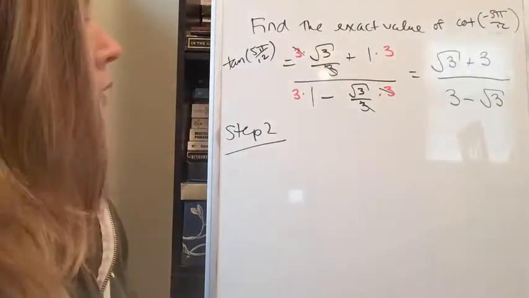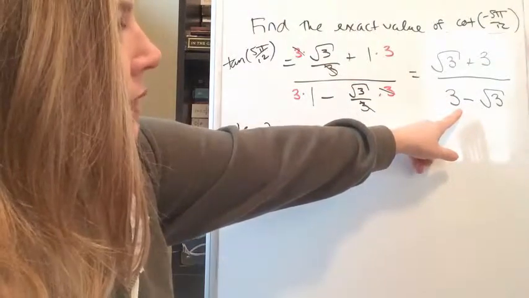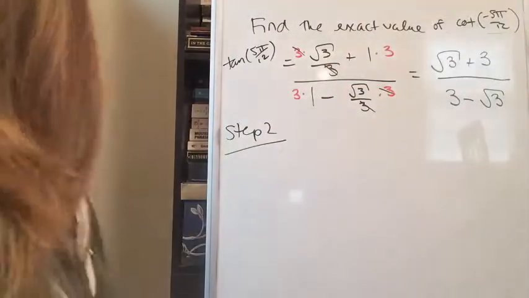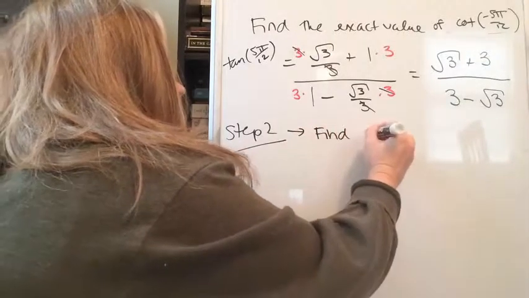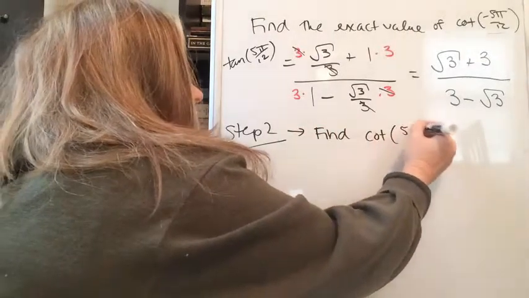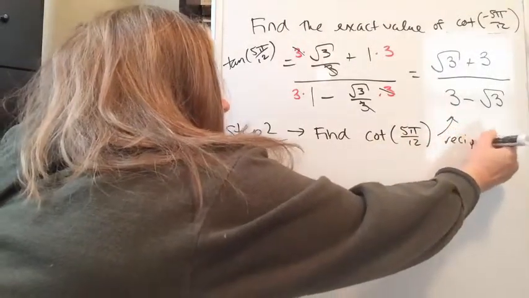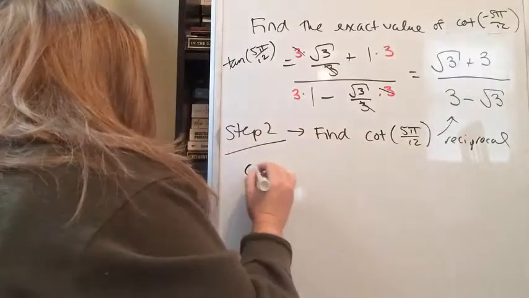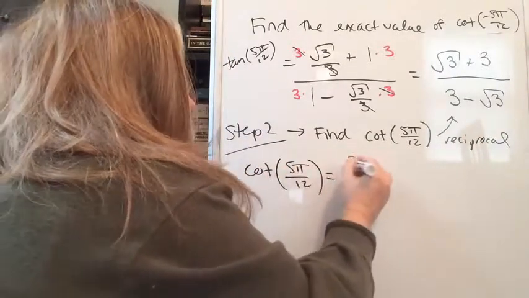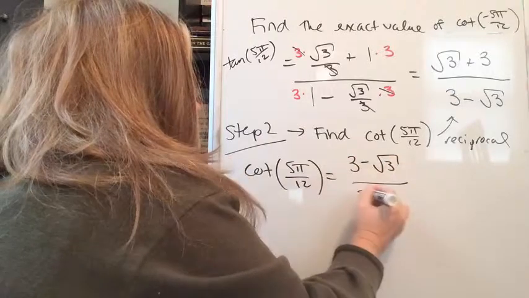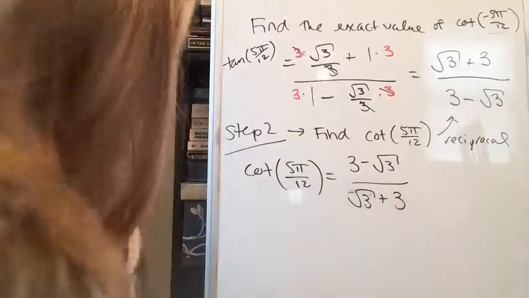Because if you multiply by the conjugate, rationalize it, and then flip it, you have to rationalize it again. So let's go ahead and find cotangent of 5 pi over 12, which is the reciprocal of what we just found. So let's go ahead and flip that. So it'd be 3 minus square root of 3 over square root of 3 plus 3.